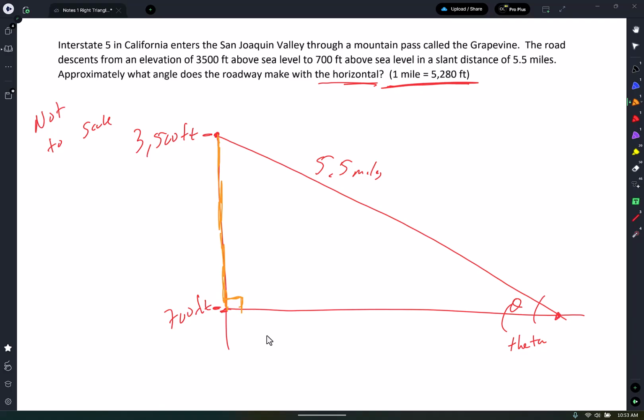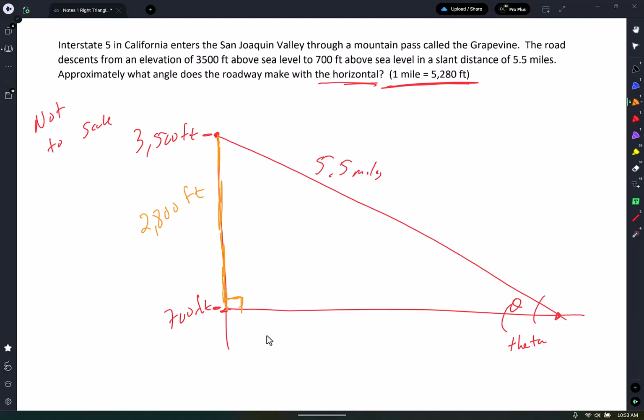What is this vertical? It's going to be 2,800. Yeah. How'd you get 2,800, Miss Parrot? Miss Parrot said, well, that was 3,500 and that was 700. This has to be 2,800 feet. See, you're not dead. We got this. All I did was subtract. So that's how many feet you go down in 5.5 miles.